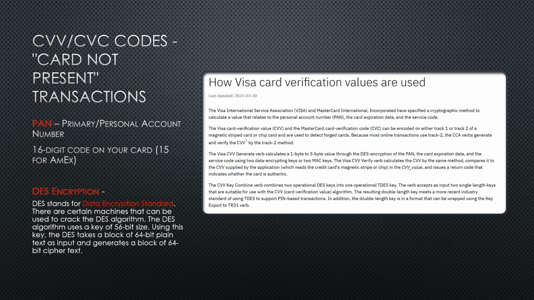This information includes the personal account number, card expiry date, and the service code. So when you input the CVV into the purchase page, it tells the system which method will be used to encrypt the whole information and transfer it to the payment gateway.